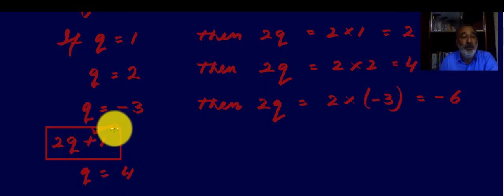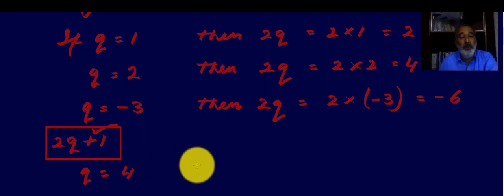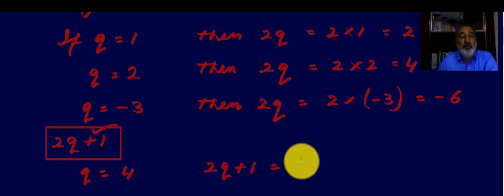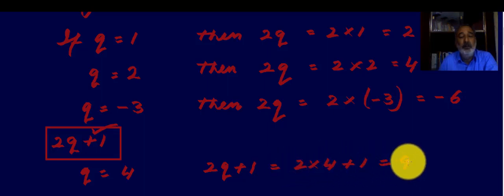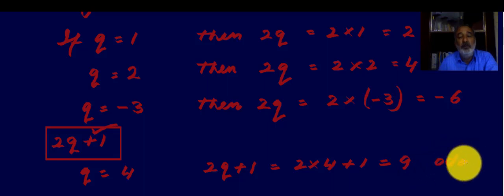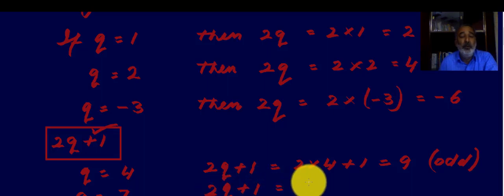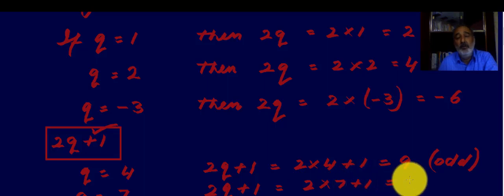Then can you find out the value of 2q plus 1? Certainly 2q plus 1 will be 2 multiplied by 4 plus 1, that is 9, which is odd. If I am taking q is equal to 7, then 2q plus 1 is 2 multiplied by 7 plus 1, that is 15, which is also odd.